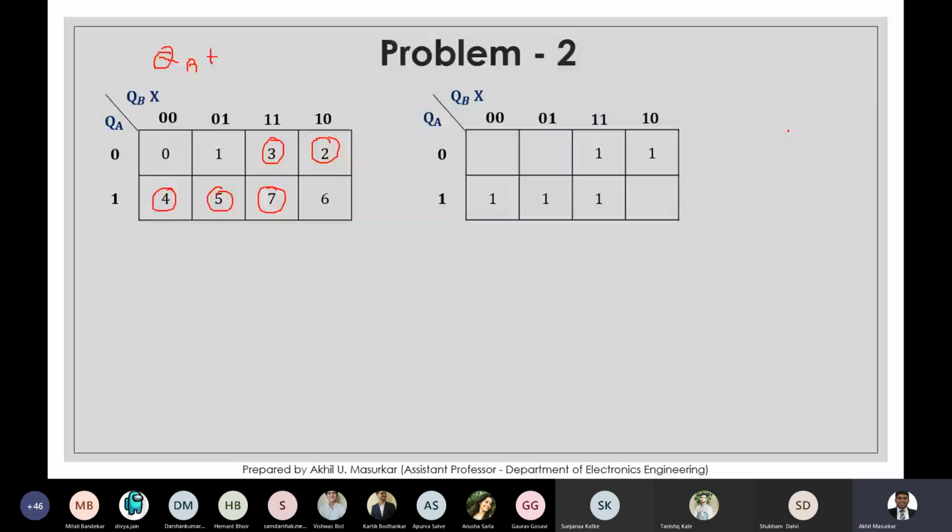Amit Chaudhary, can you tell us the answer for QA plus?